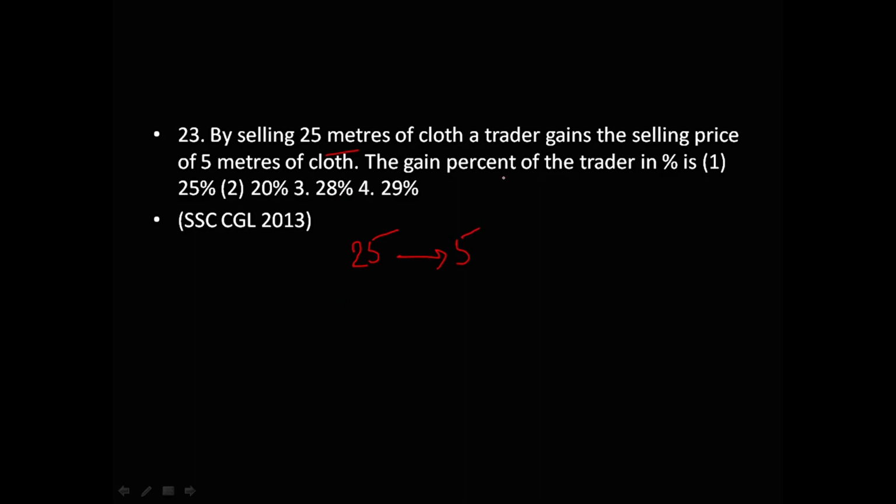So the question is the percent of the profit. Profit percentage would be 5 into 100 by 25. 5 times 20 is 100, so it's 20%. Clear? Moving to the next one now.